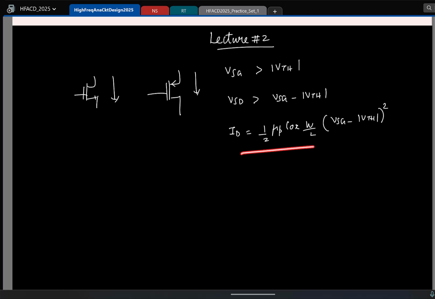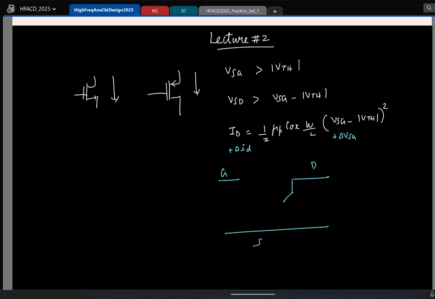And this is the current equation. So here once again, if I make small changes to source to gate voltage, the drain current changes. Once again, to model this, you do the same thing. This is, let us say, gate, drain and source. So here in response to a source to gate voltage, a current flows from source to drain.